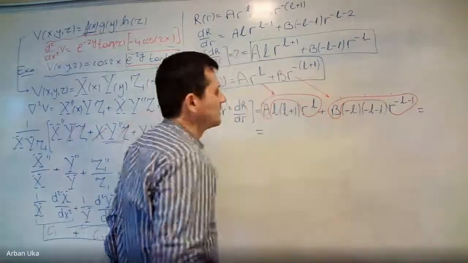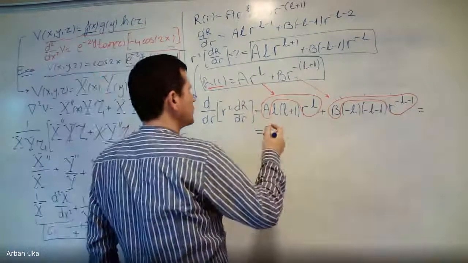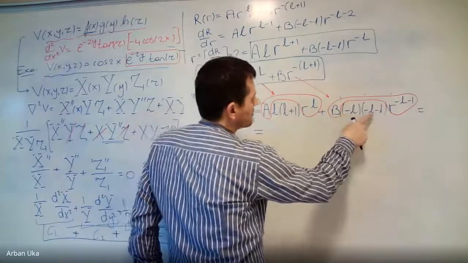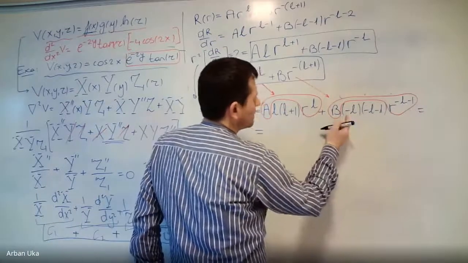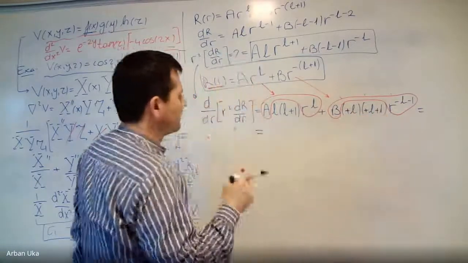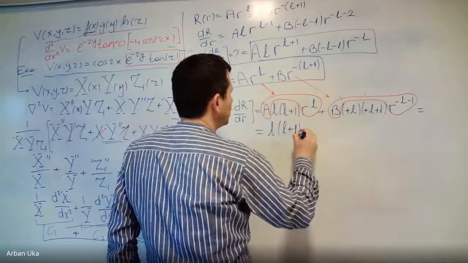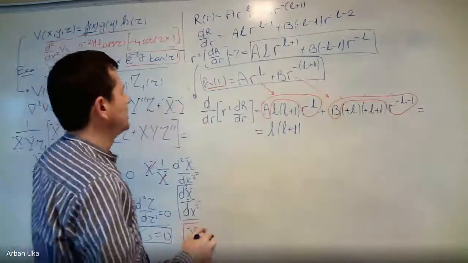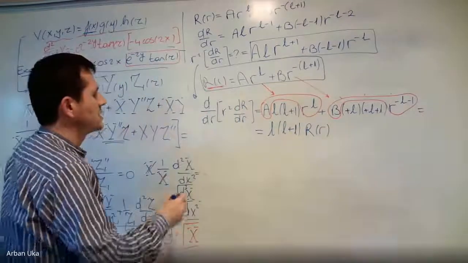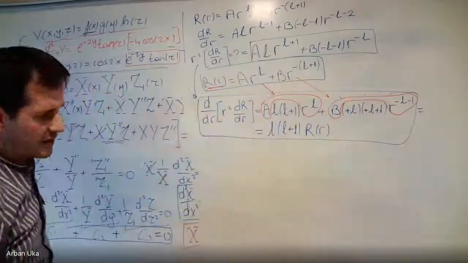We know how to take derivatives, but it's good to write them in the corner when the terms can get a little confusing. So we know this here, and we know that this minus minus, you can factor out the minus, you can make this like this, okay? But then finally, this would be L times L plus 1 times R. Okay? So this is something that we observe for this specific function.